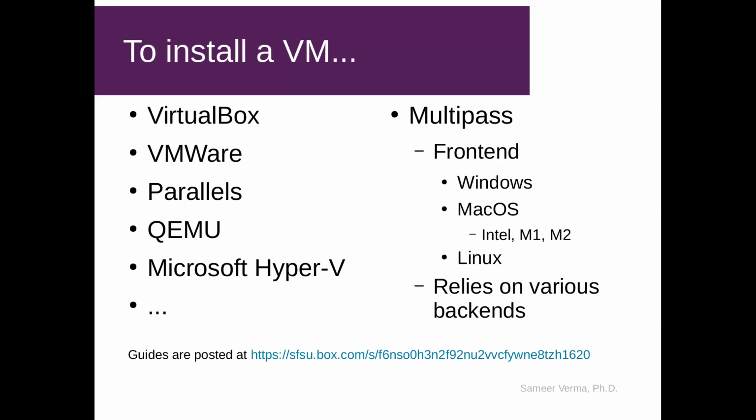VirtualBox is open source, so that's another choice you can use. On a Mac, you can use Parallels. You can use QEMU. And then on Windows, you can use Microsoft's Hyper-V, which is built into Windows. So you have multiple choices. And for a project like this, it actually doesn't matter. You can run any of those virtualization things as long as you're able to run a virtual machine. The other choice is something called multipass, which is what I've been using.